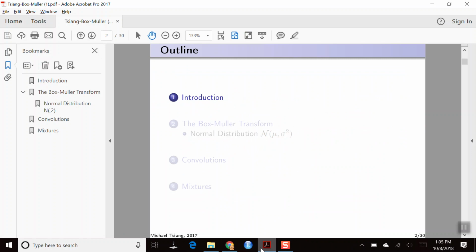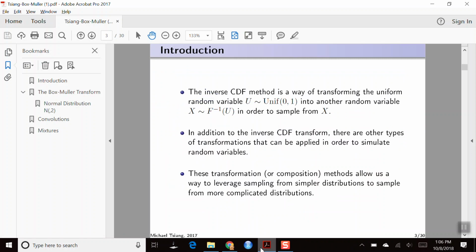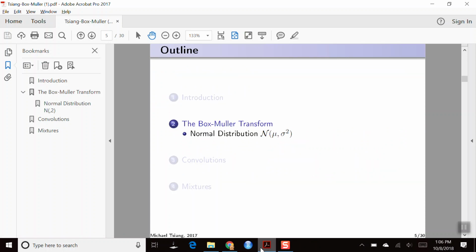On Friday we looked at rejection sampling as a way to get values from the normal distribution. It was half of the normal distribution, but you can make the full normal distribution by randomly flipping a coin and saying with 50% probability whether that number is going to be positive or negative, and then you'll get the full normal distribution. Today we'll take a look at the Box-Muller transform, which is how we can get values from the normal distribution.